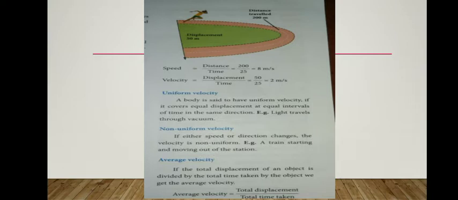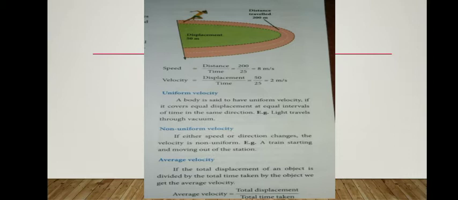We can classify velocity into two types: uniform velocity and non-uniform velocity. Uniform velocity means the body covers equal displacement in equal intervals of time.